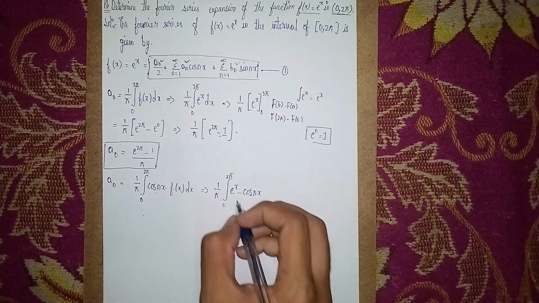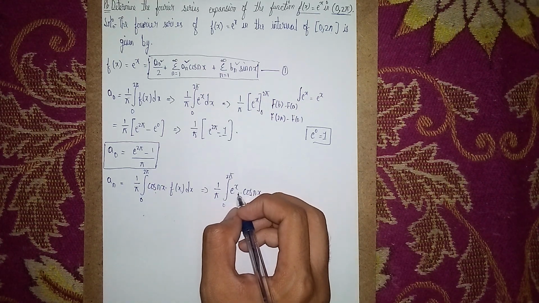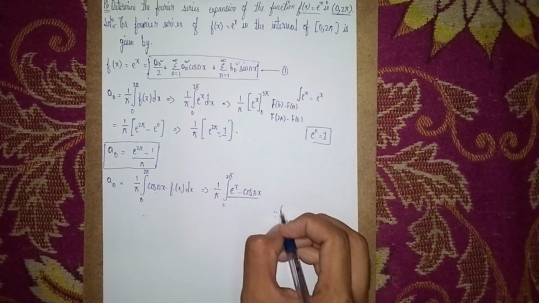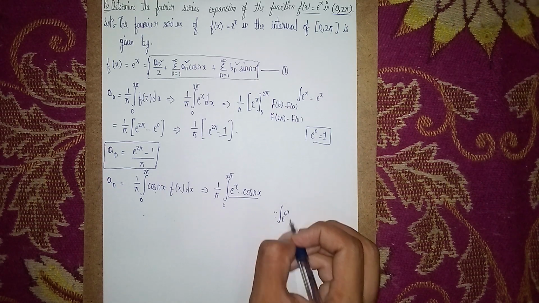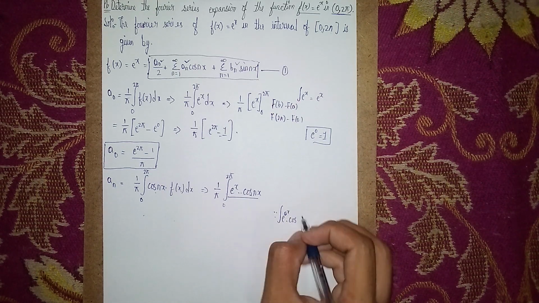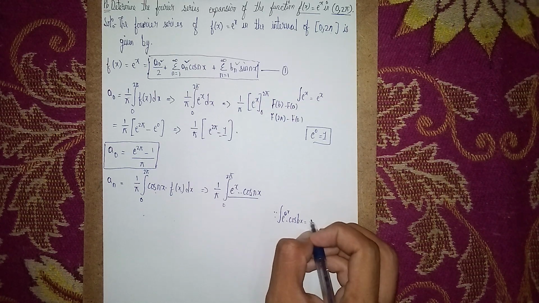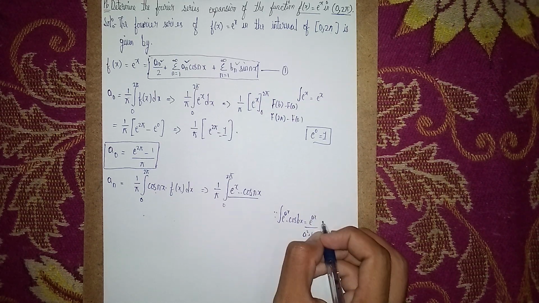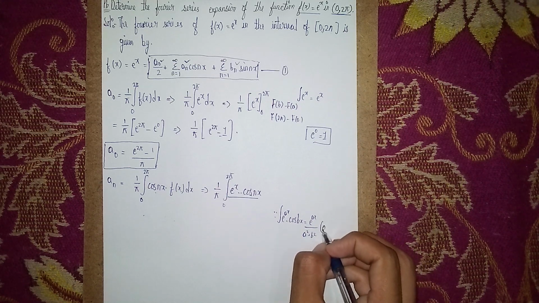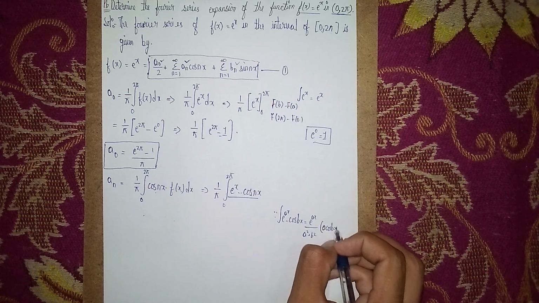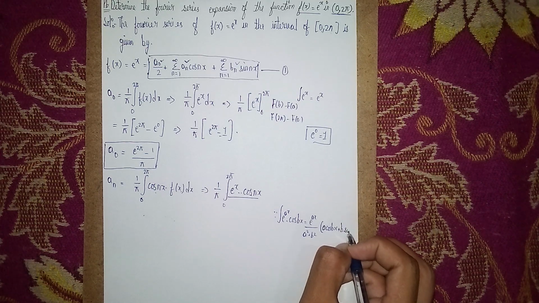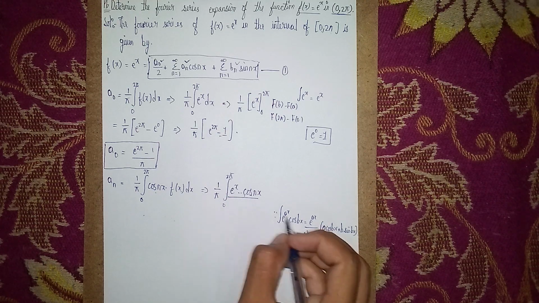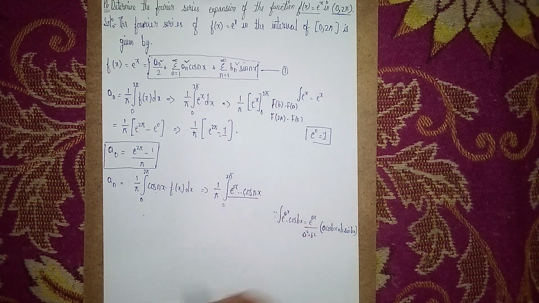Now we have a formula here. The formula I'm using is: integrate e power ax into cos bx is equal to e power ax by a square plus b square under bracket a cos bx plus b sin bx. Here nothing is given for a, so we can take it as 1.